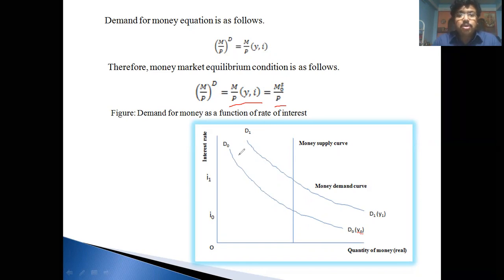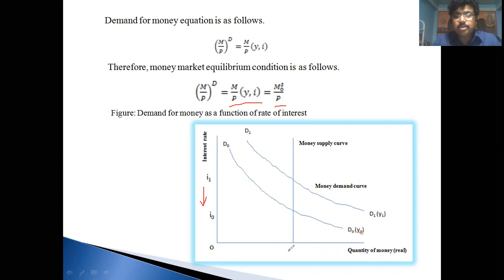So now, with the help of a figure, we will clarify it. Along the vertical axis, we measure the interest rate, and along the horizontal axis, we measure the quantity of money. As the quantity of money demanded increases, the interest rate will fall.